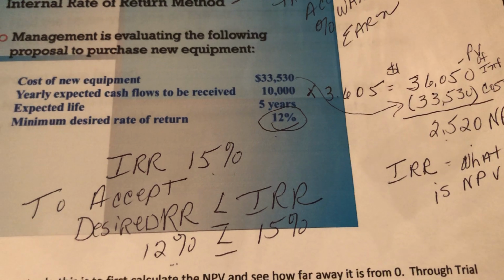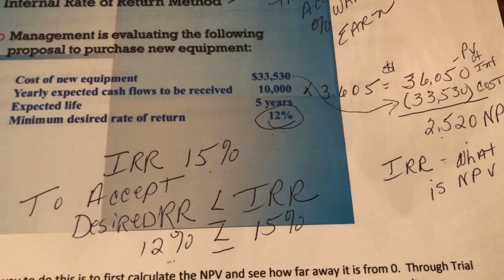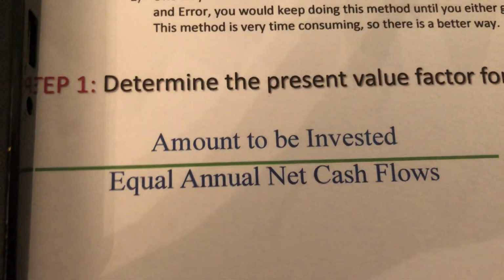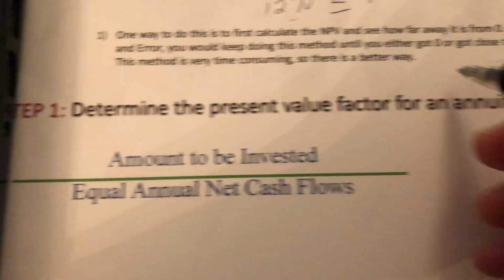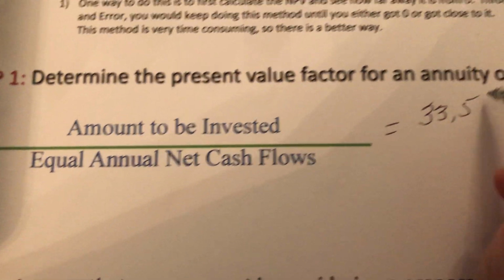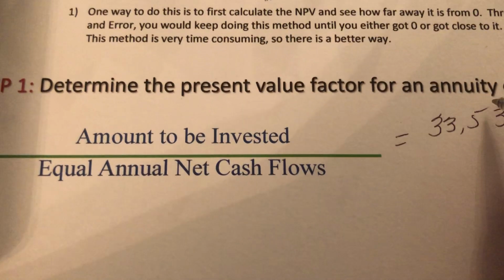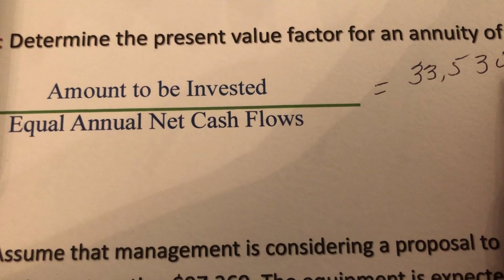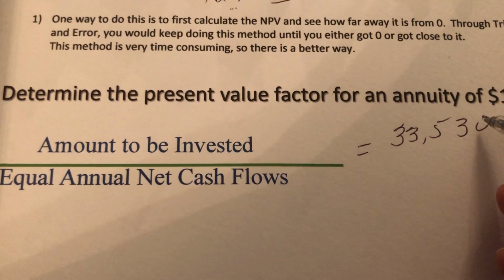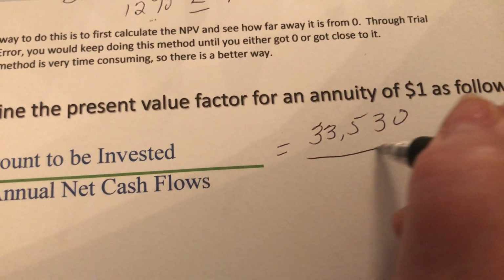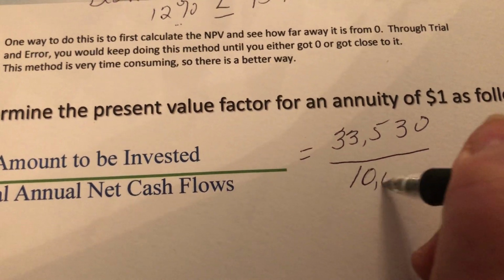Now, a much easier way to find this number is to do a calculation that involves a formula here. Amount to be invested divided by your equal annual net cash flows. In this case, what, 10,000?